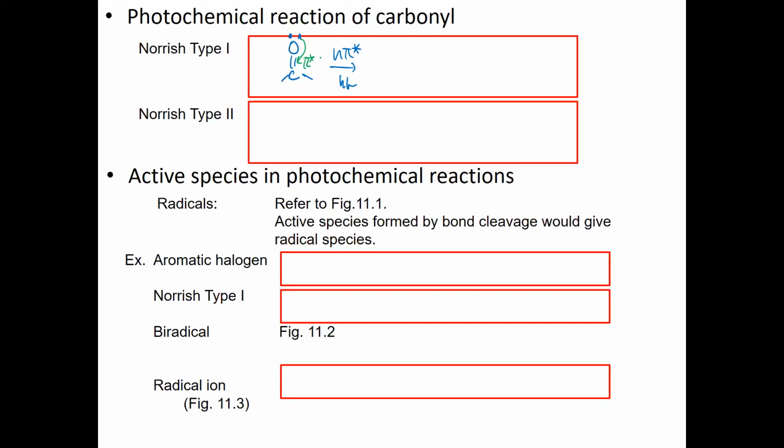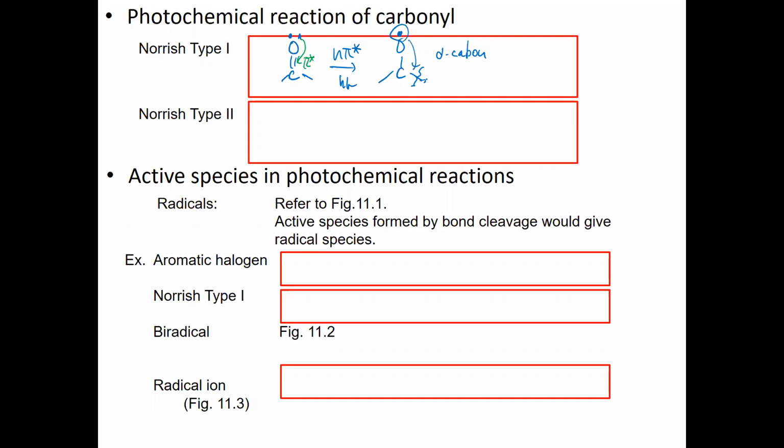Then this radical-like species affects one of the bonds between the carbon and other atoms. So this is the alpha carbon. The bond dissociation of the alpha carbon happens in the Norrish type 1 reaction.